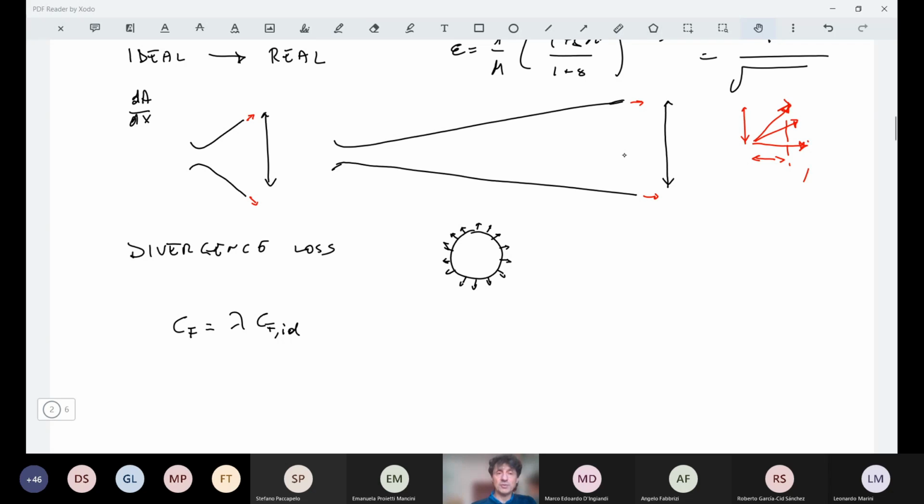For a conical flow, provided that the angle is not too high and the length is sufficiently greater than the throat diameter, you can approximate this loss with the following formula, which we can write here as lambda equals 1 plus cosine alpha divided by 2. And this alpha is this angle here, the angle of the cone.